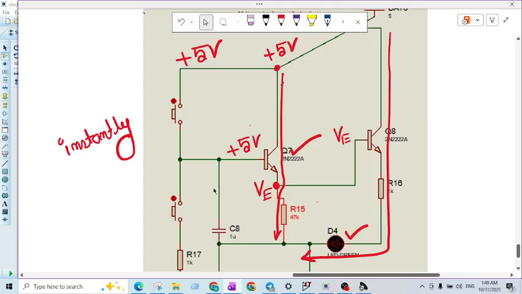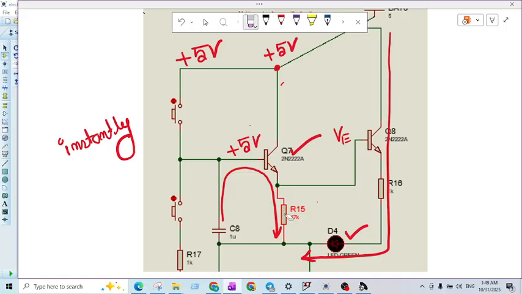But the question is, will this capacitor always stay at positive 5 volt? The answer is no, because now this capacitor will start discharging in this path through this resistor. That means after some time this capacitor's voltage will be 4 volt, then 3, then 2, then 1, then 0.5, 0.4, 0.3, and you see now the base voltage of this transistor is only 0.3.